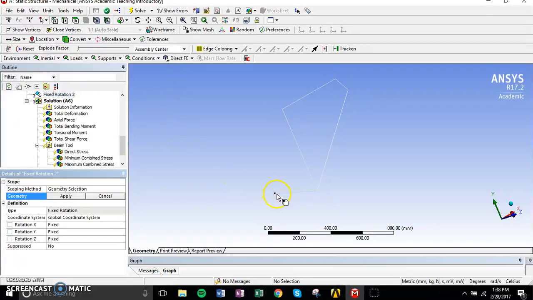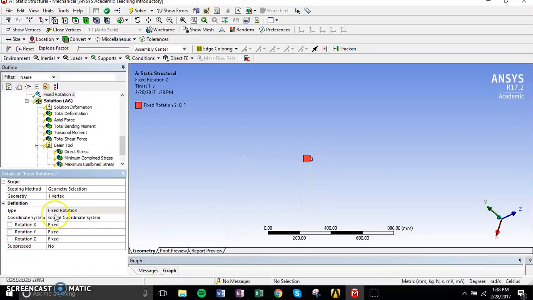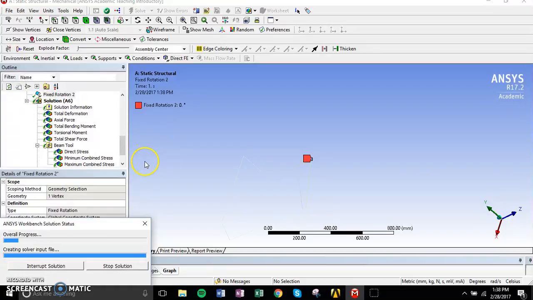Fixed rotation. X, Y, Z. Okay, so I only want you to react a Y. X can be free and all. Okay. Let's see if that works. 10 seconds. Come on, solver!